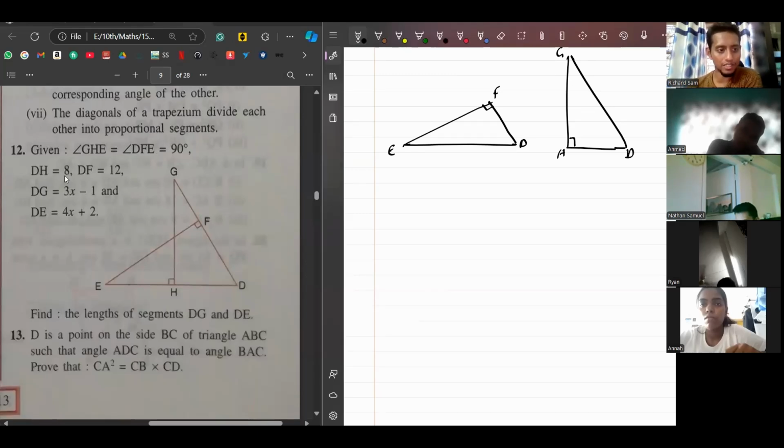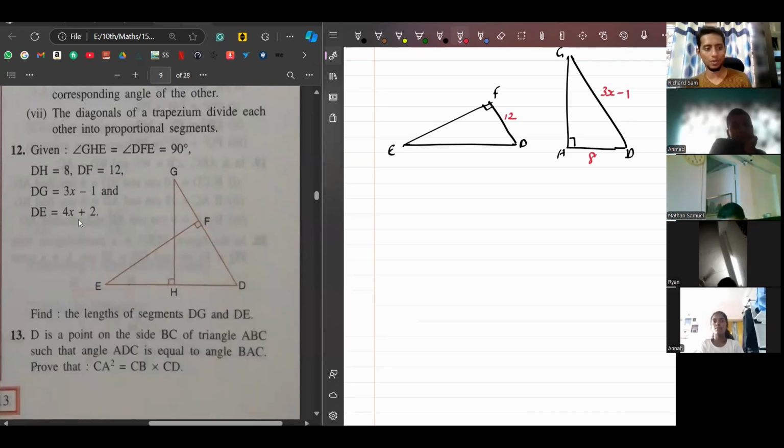Okay, so here DH is equal to 8. Where is DH? DH is 8. DF is 12. DG is 3x minus 1. And DE is 4x plus 2.